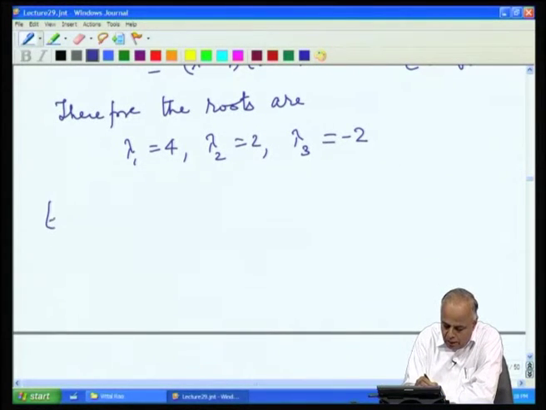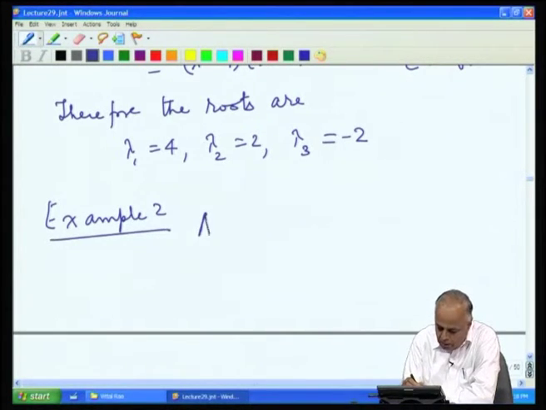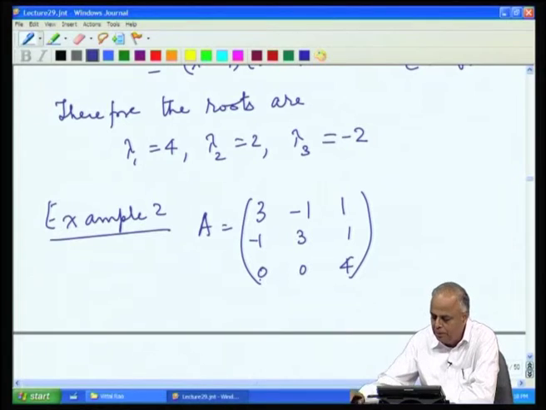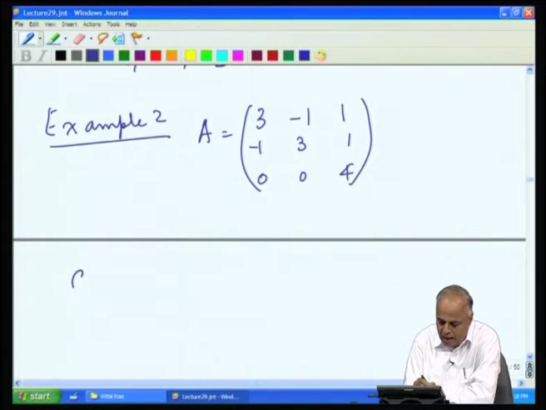Let us look at another example. This is again the same matrix which we considered earlier to give an example for eigenpairs. What is the characteristic polynomial C A lambda?